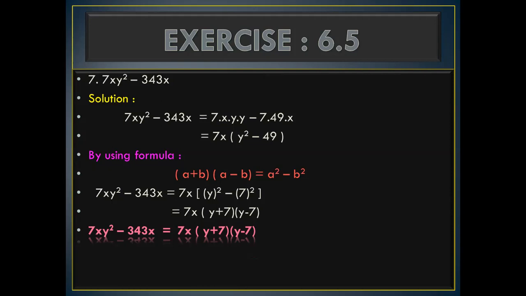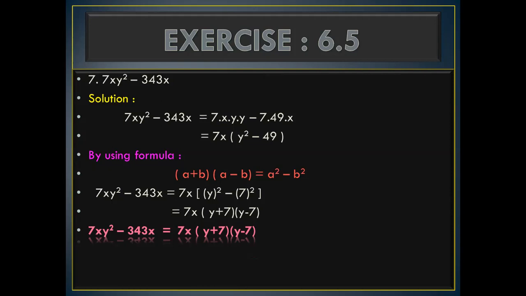Now be careful when you are taking the common terms. 7 is common and x is common. In the first term, when we take 7x, y square is left and minus 49 is left. Now y square is the square of y and 49 is the square of 7.